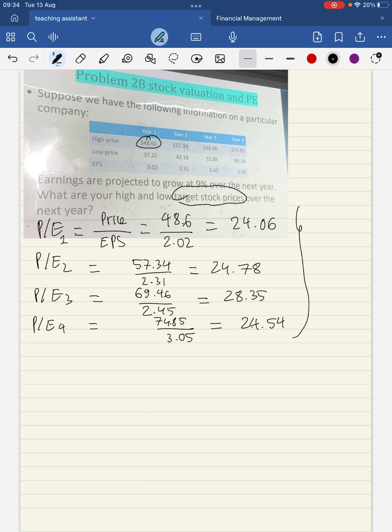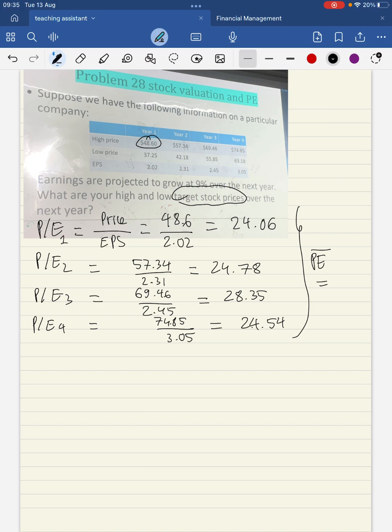Then they will find the average of the price to earning ratio. In this case, the average price to earning ratio of the previous 4 years is equal to 24.06 plus 24.78 plus 28.35 plus 24.54 divided by 4 years.